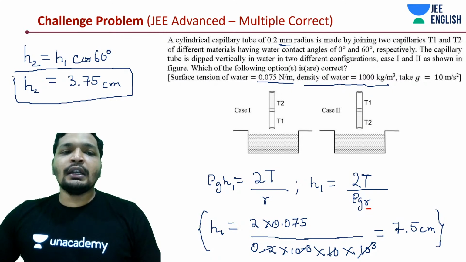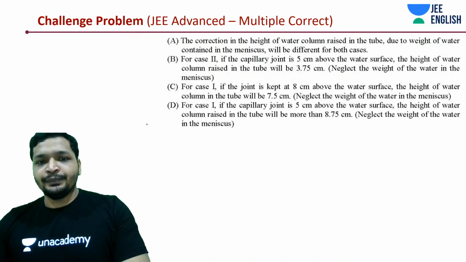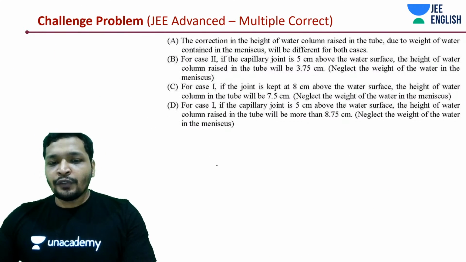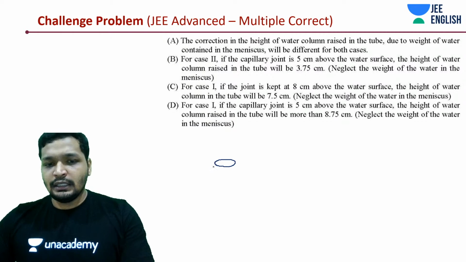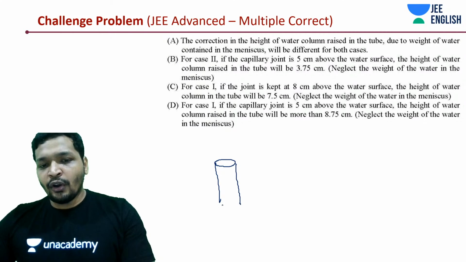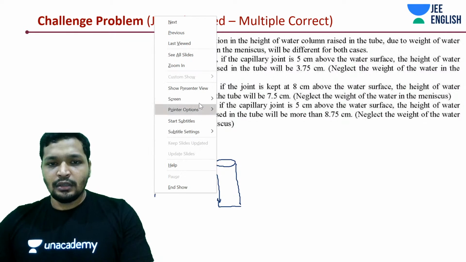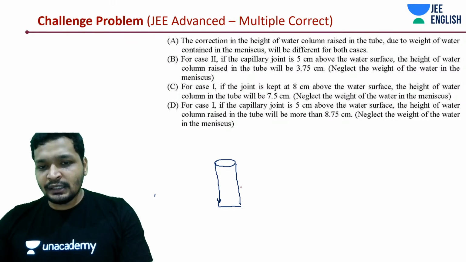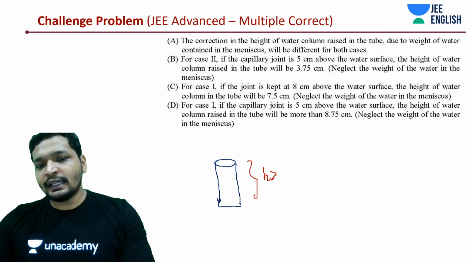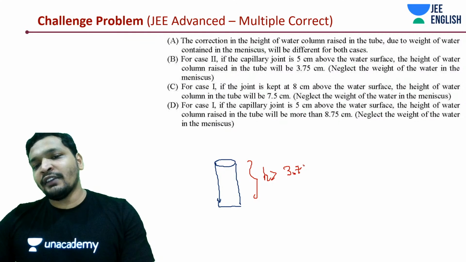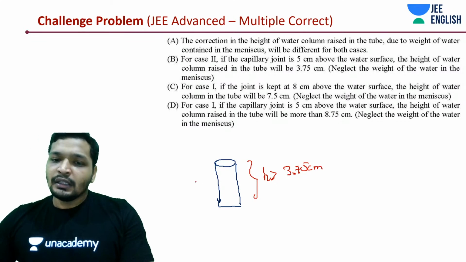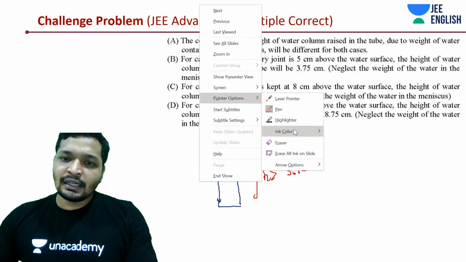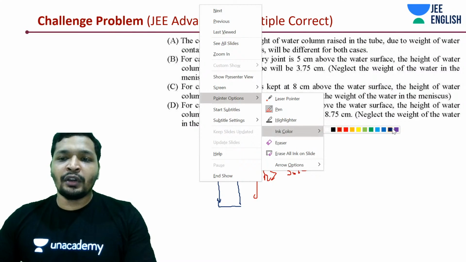Okay, so what did I mean to say? Let's understand this point again. For any height beyond 3.75 centimeters, if this height is greater than 3.75 centimeters, the water will only still rise. I mean the joint, they are all talking about the joint.